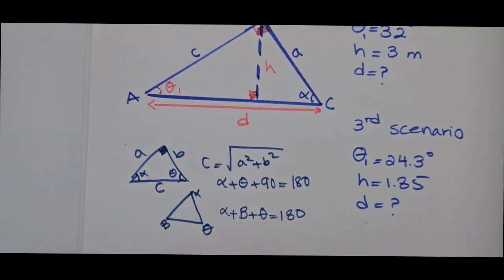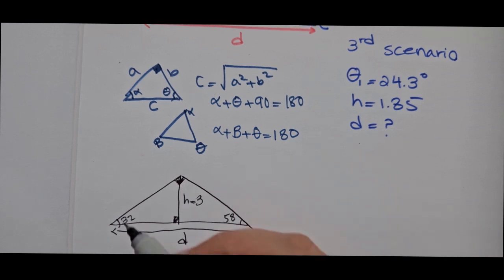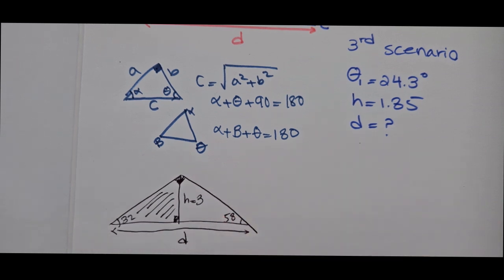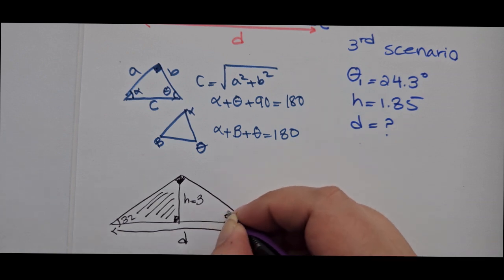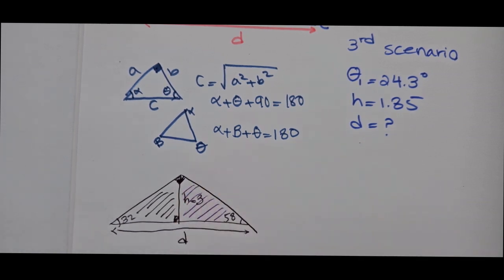What I suggest here, the best and most straightforward solution I could come up with, is that you consider this triangle in black, and then this triangle in, let's say, purple on this side. So you have two triangles, black and purple.